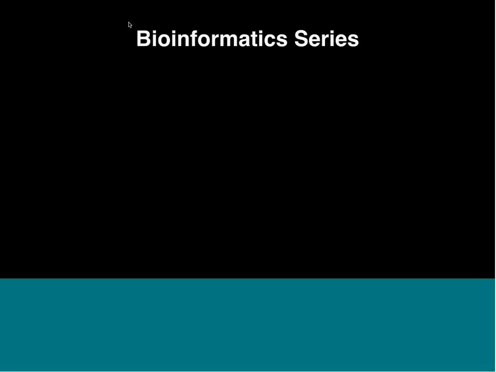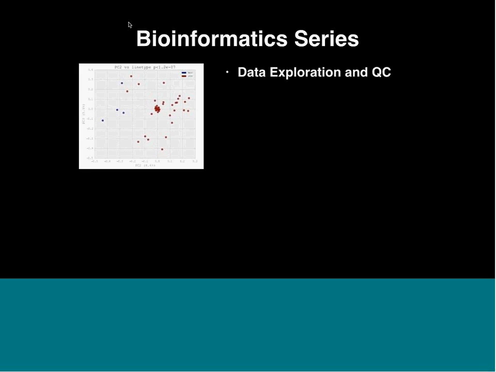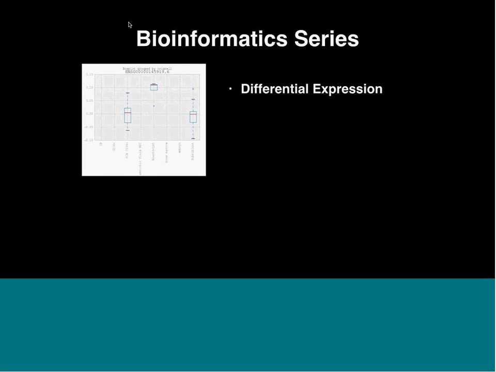A little bit of background about this series first. It is a series where we start out very basic about accessing data, but go on to explore what kind of analysis you can do with bioinformatics. We hope to be covering such topics as data exploration and quality control, to see what kind of information is available in the data that they might have, or data in the PCBC, and how you correct for quality issues. We would cover differential expression.